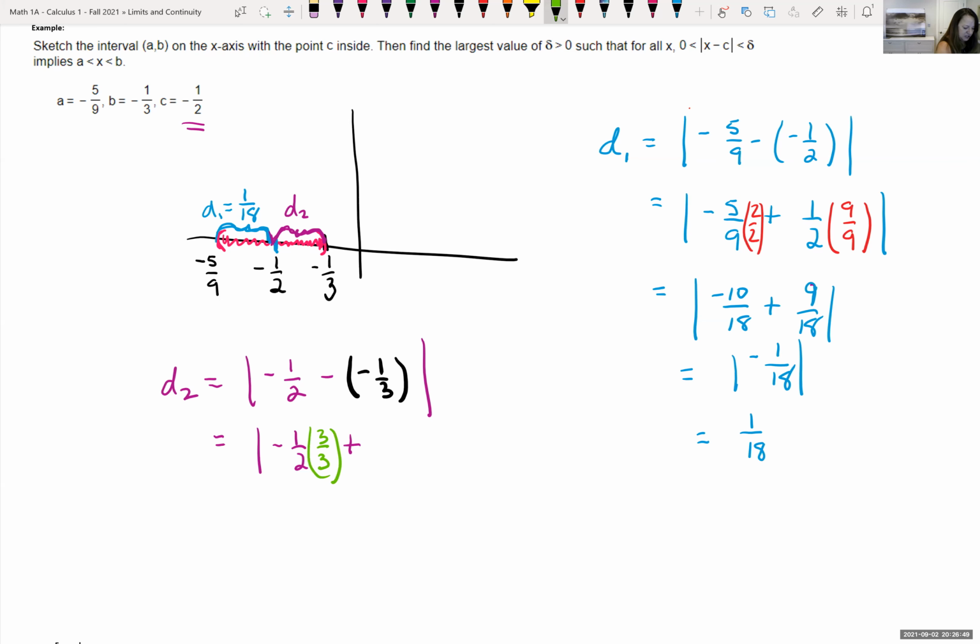And that second fraction, I'm going to multiply by 2/2. So I get the absolute value of -3/6 plus 2/6. This is equal to -1/6, which is equal to 1/6.